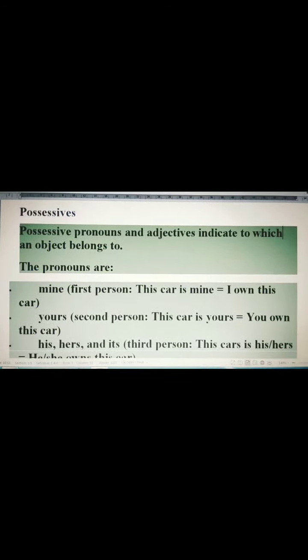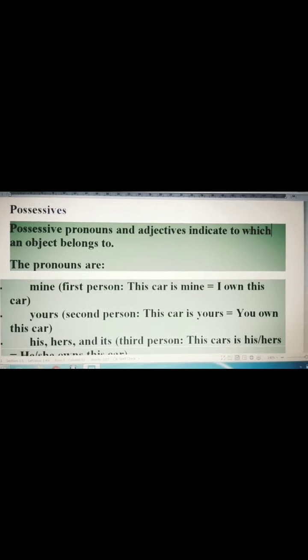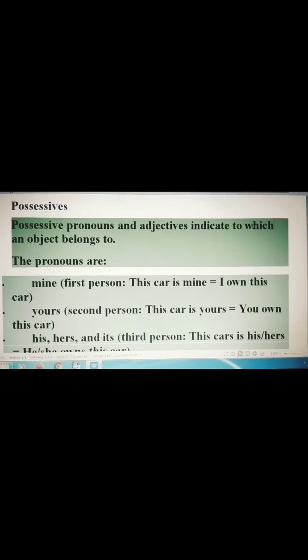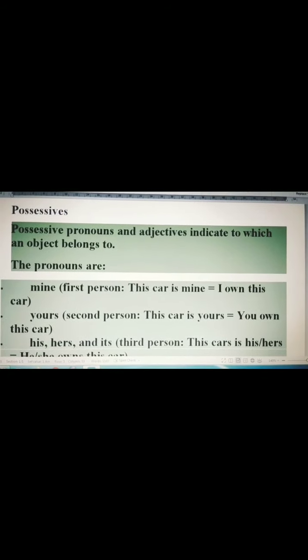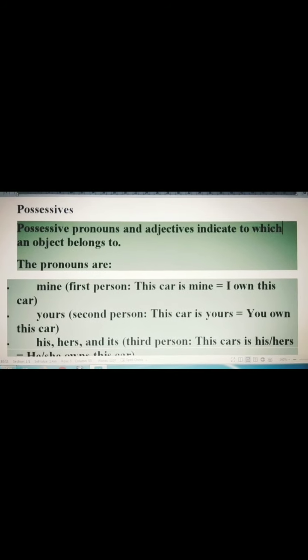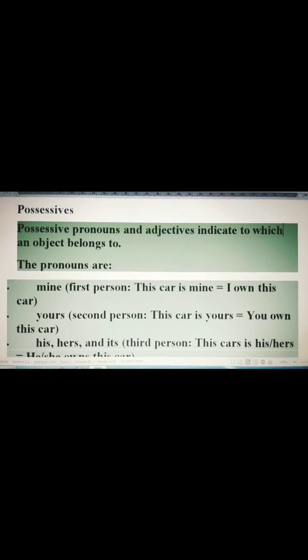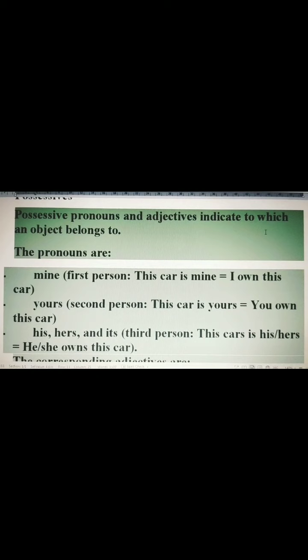Okay, now another type of determiner you can mention here, with the heading possessive. Possessive pronouns and adjectives, basically, indicate to whom an object belongs. So we'll see the examples here. I hope you people are very clear with noun and pronoun.